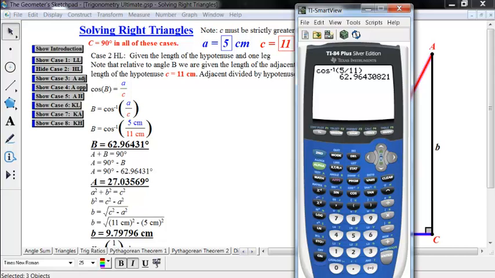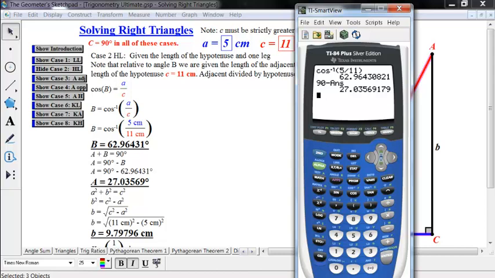Okay, so about 63 degrees. And then 90 degrees minus that answer is the easiest way to get angle A. There are other ways to get angle A as well, but that's probably the easiest. So it's about 27 degrees.